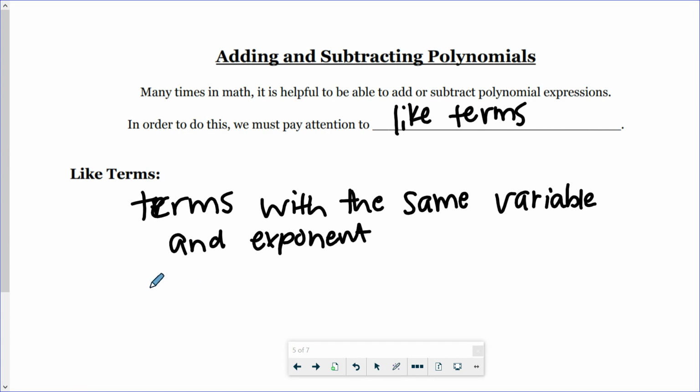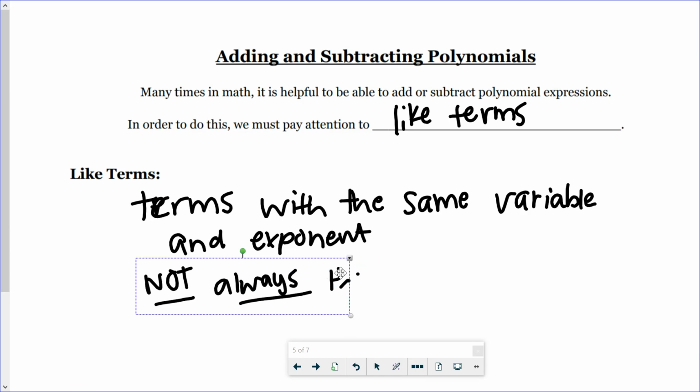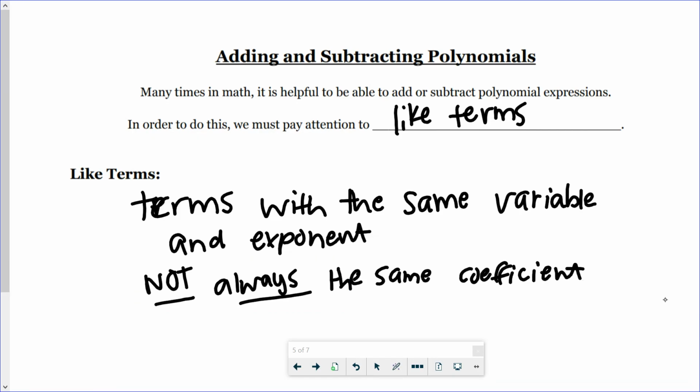Now notice, but not always the same coefficient. Okay, so same variable, same exponent, not always the same coefficient.